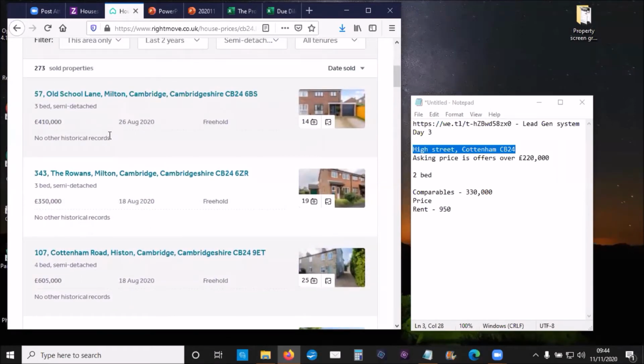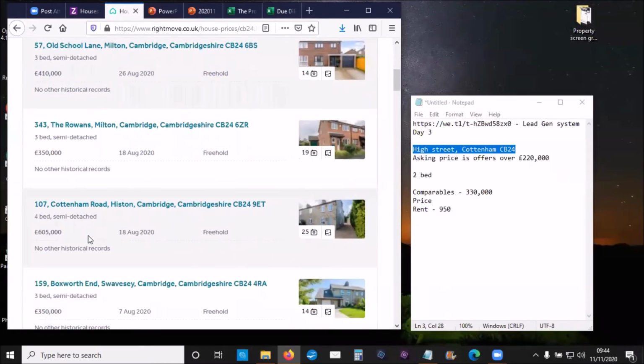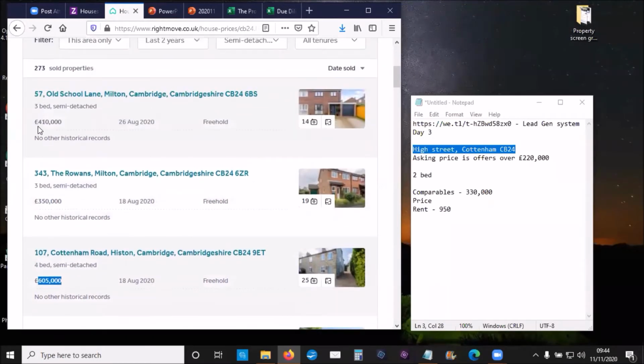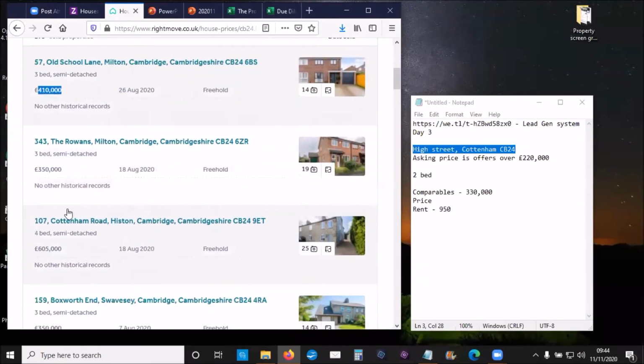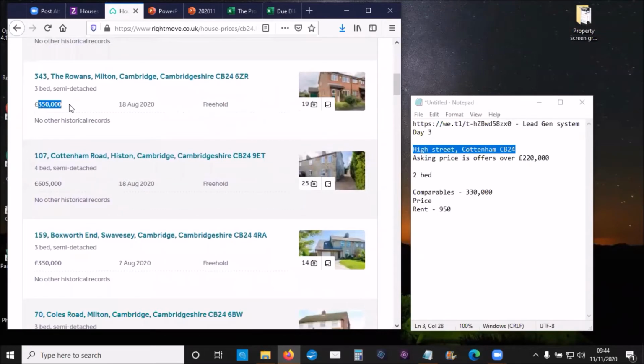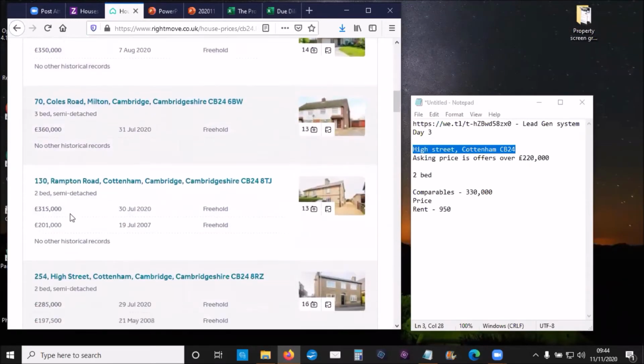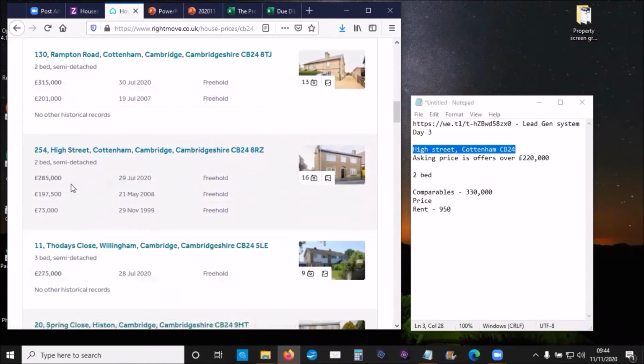The house prices seem to be kind of all over the place, but what I can see as the median is that the numbers that keep repeating are not the numbers in the 600s or the 400s, but the numbers around the 300,000 mark. 350, 350, 360, 315, 285, which is a bit on the lower end, so that's fine.